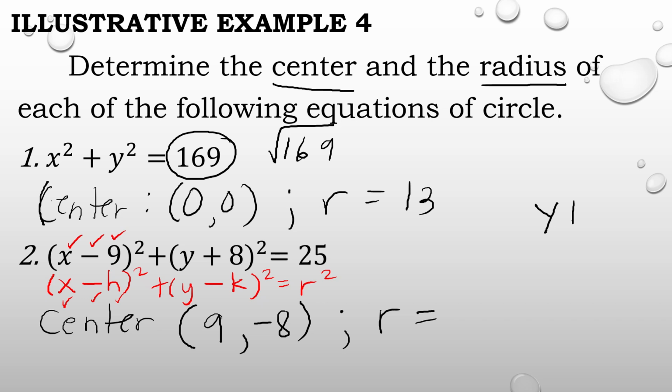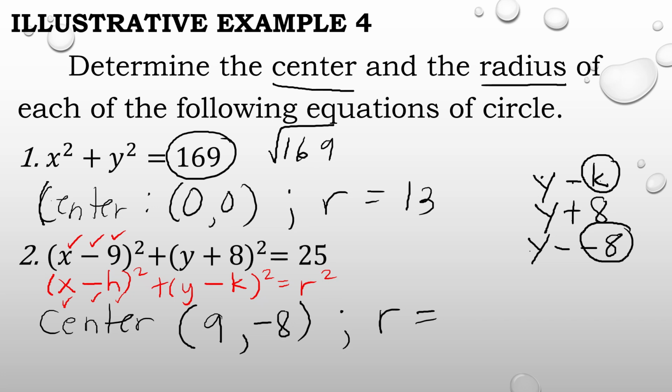We have y plus 8, and this is in the form of y minus k. So, y plus 8 can be written as y minus negative 8. Therefore, the value of k is negative 8, so that the form is y minus k, which is negative 8.